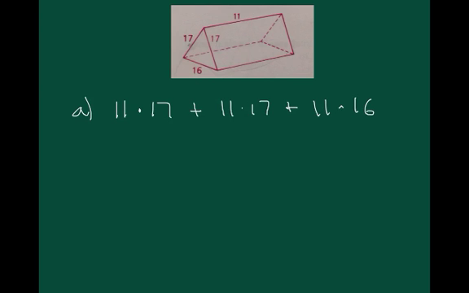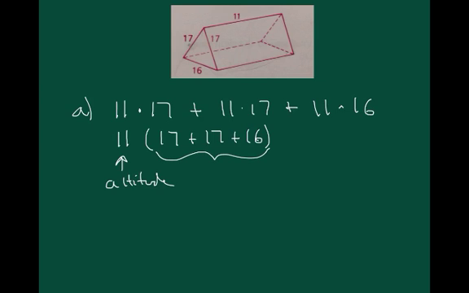Well, notice that if we factored out the common 11 to all of these, we'd be left with 11 times 17 plus 17 plus 16. Now hopefully you notice that the 11 is the altitude of the prism, and this addition here represents the perimeter of the base.